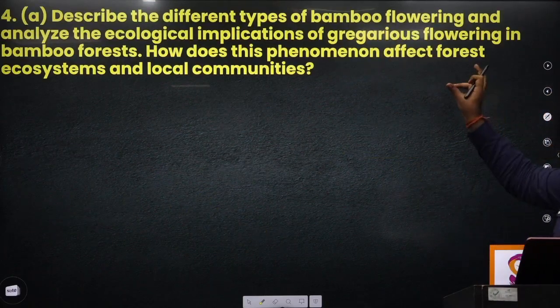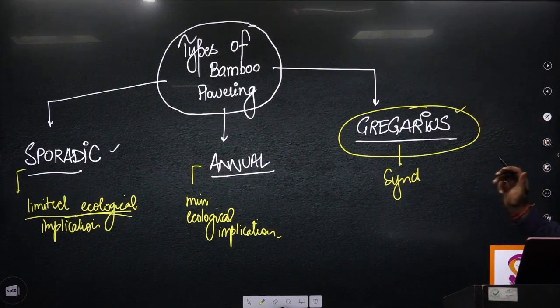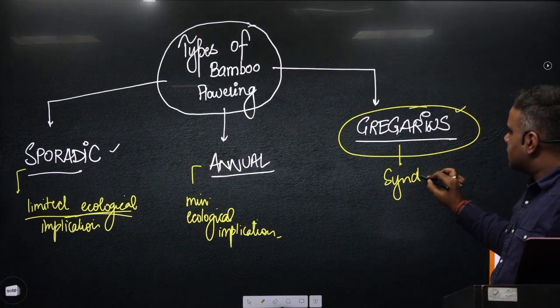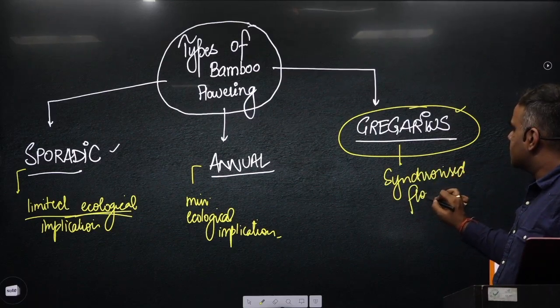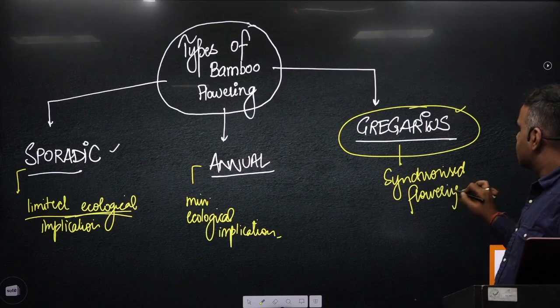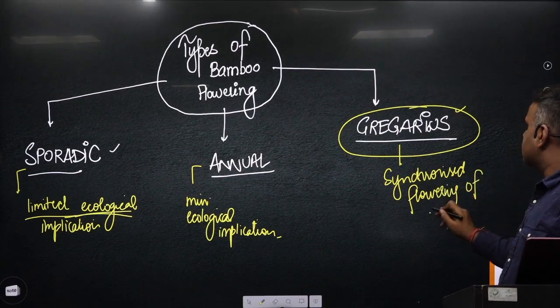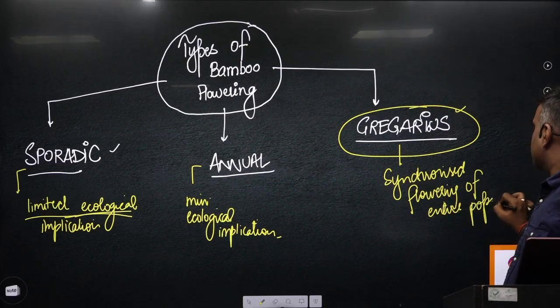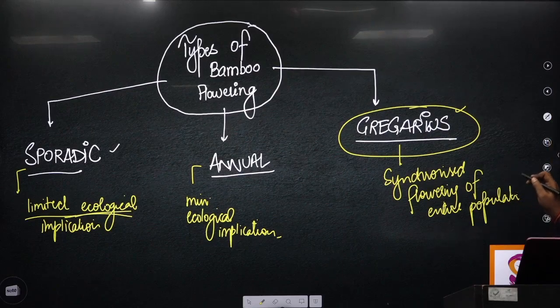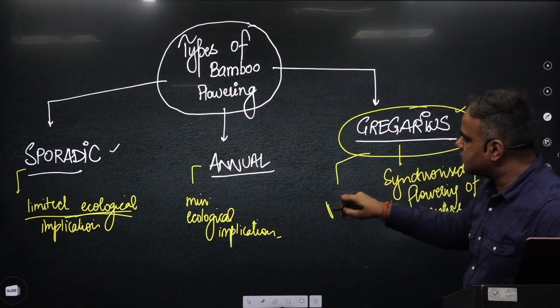The main issue here is that synchronized flowering of the entire population happens, and it has massive impacts.